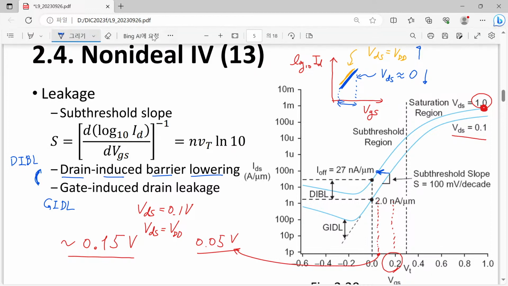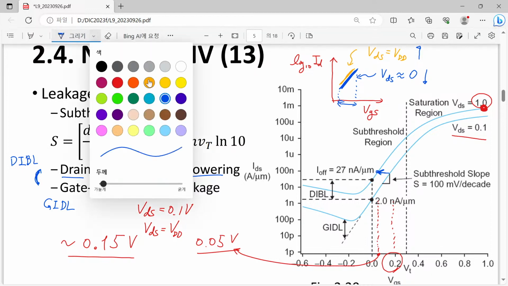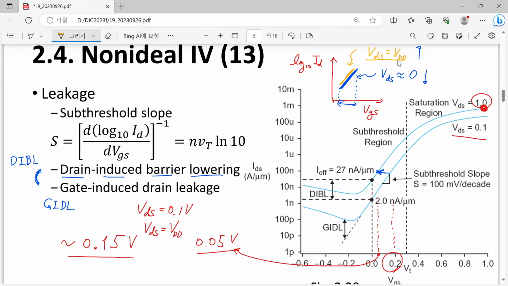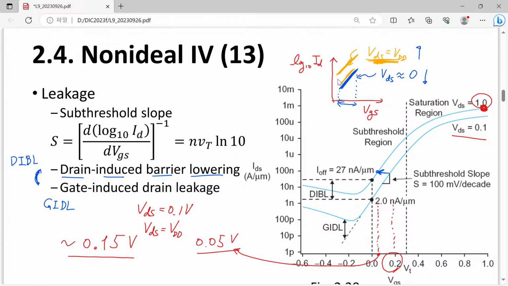This yellow curve reveals that due to the action of your drain voltage, the control of your gate over the channel region is reduced. So now even drain voltage has some effect on your current level. That is the realistic case. This is a very bad case.